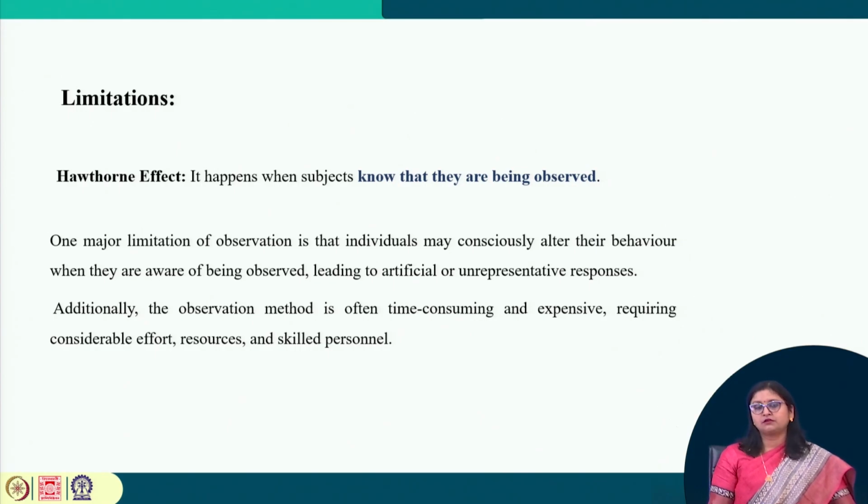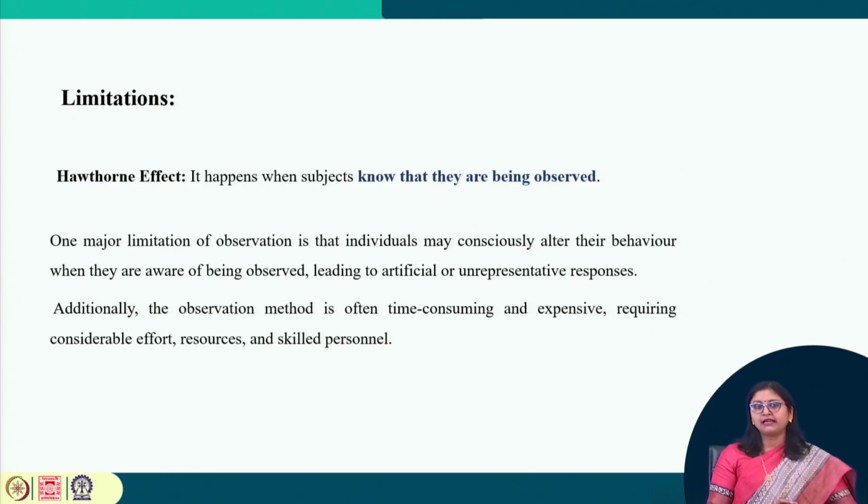Suppose, for example, there is an announcement that the principal will come to observe the cleanliness of the class, the students will try to keep their classes neat and tidy. Or maybe teachers are being observed, then they will try to go for artificial behavior, showing that yes, they are teaching nicely, dealing with the students very nicely.